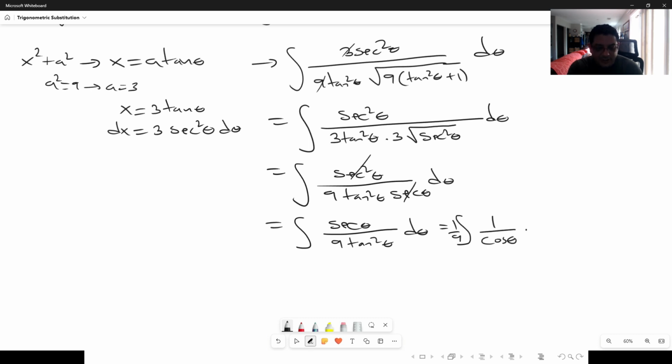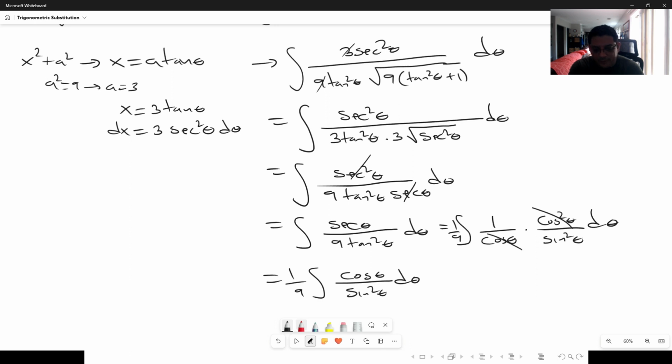And now this tangent square is sine square over cosine square, but notice that because it's below, I can flip it as cosine square over sine square. And so now that I have it in here, I can cancel out one of the cosines. And what I have left is cosine of theta over sine square of theta.